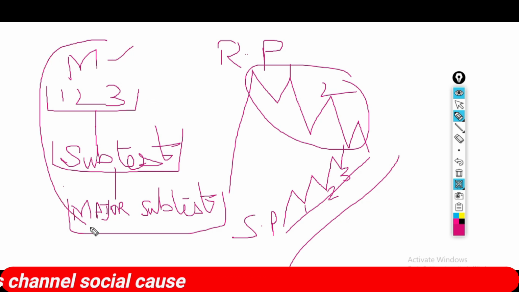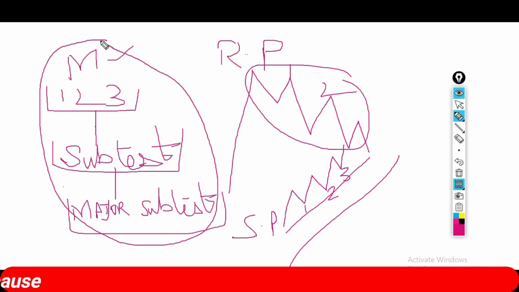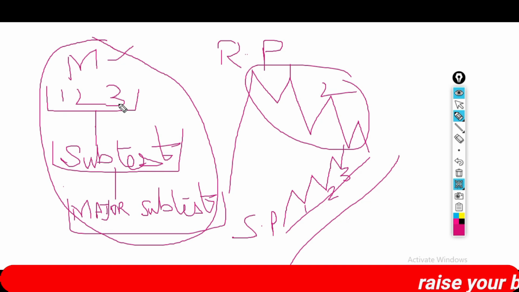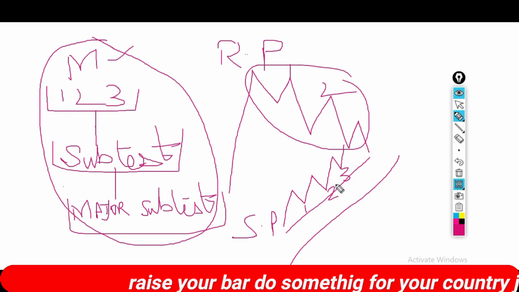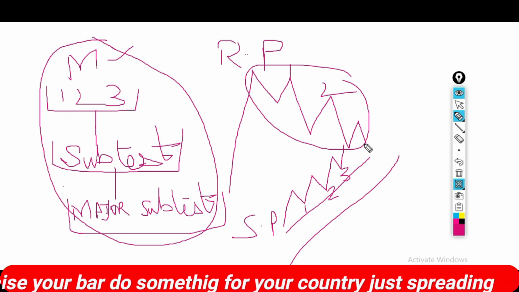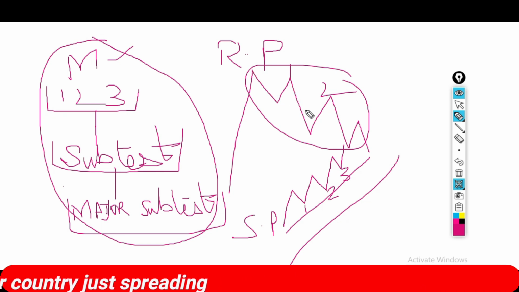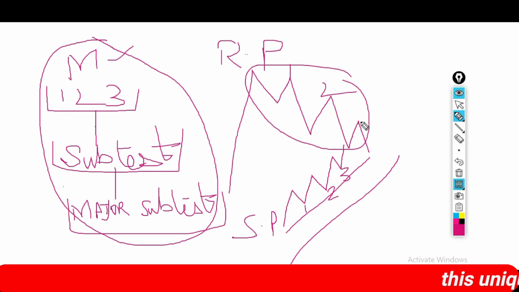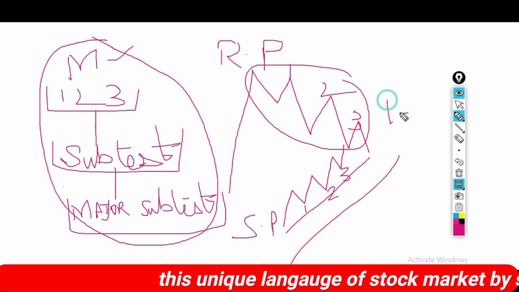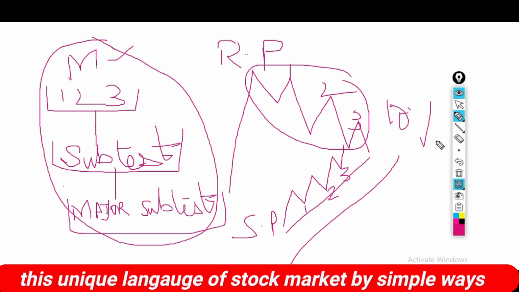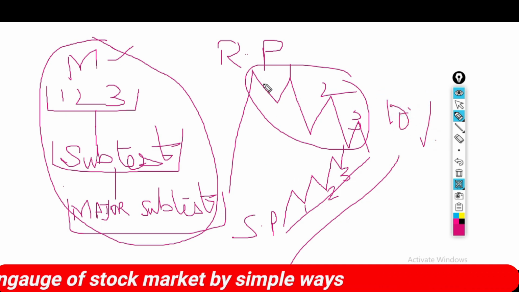The test and major subtest, this is one complete cycle. In one complete cycle of the long side, you will get the counter trend cycle, that is of 1 2, mainly 1 2, and in 10% cases 1 2 3 testing, third testing in 10% cases. Okay, so this is all about the cycle.